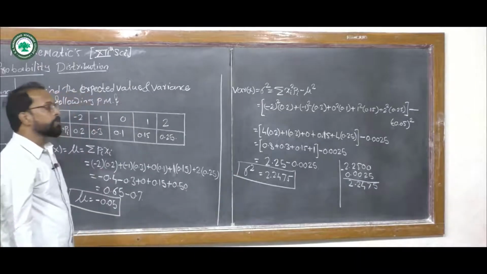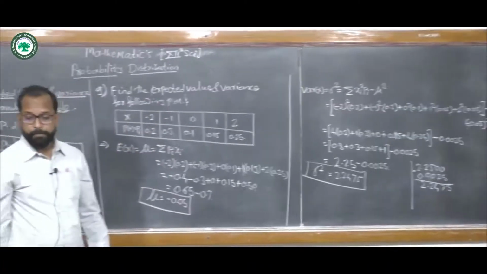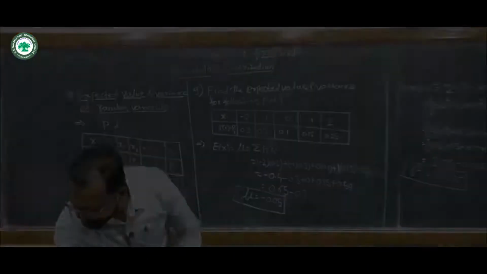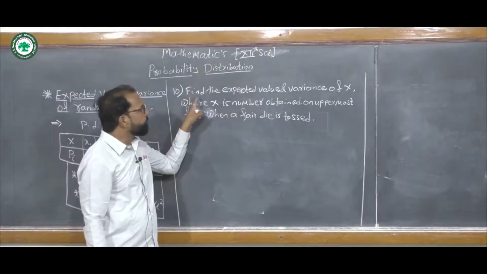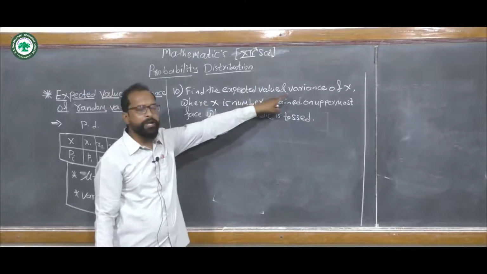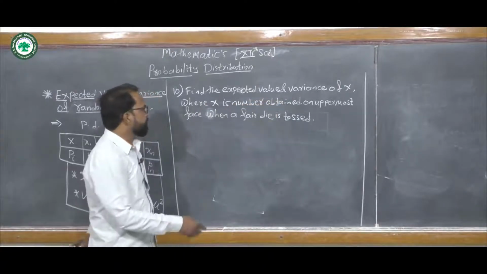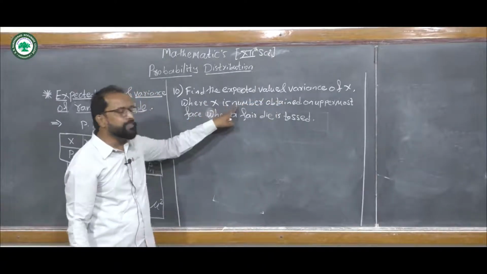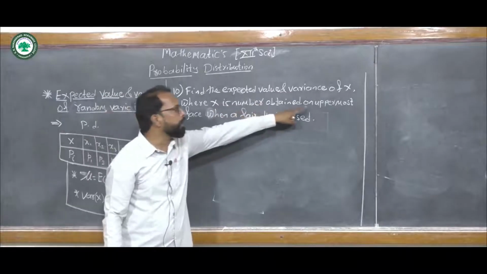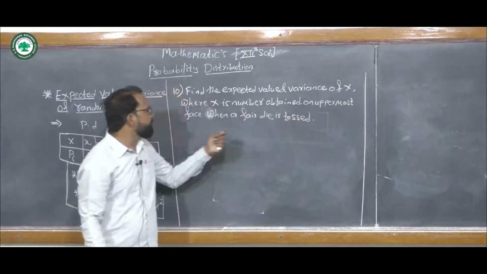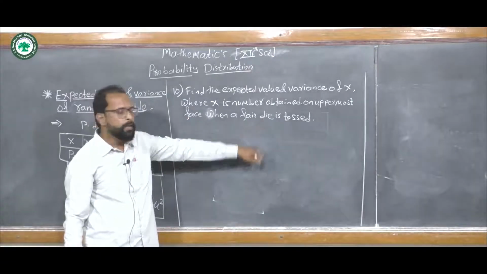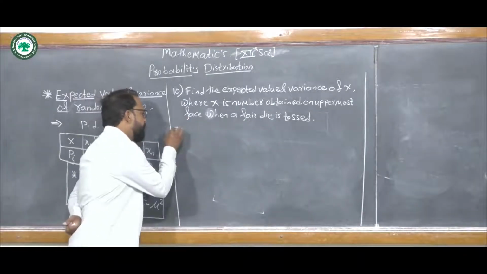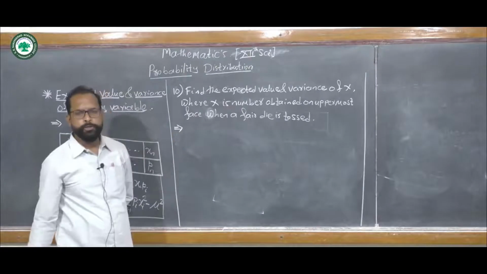Now we see the next example, example number 10. Find the expected value and variance of x, where x is the number obtained on the uppermost face when a fair die is tossed. First we have to write the probability distribution.